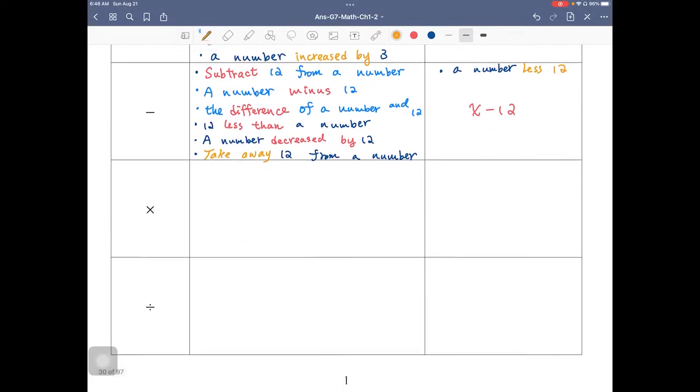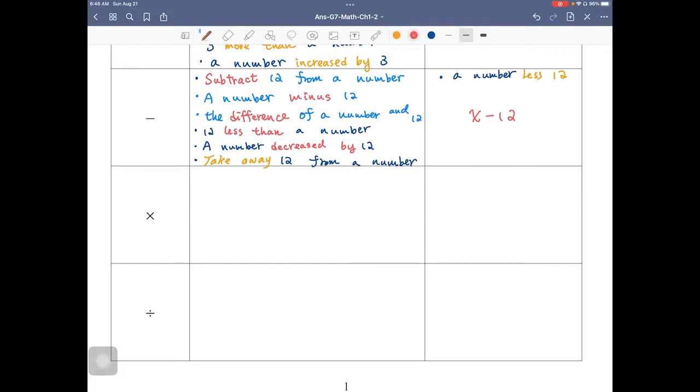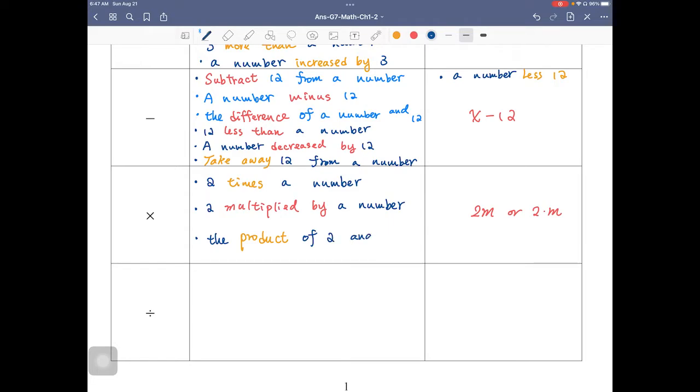So for multiplication, if I want to describe 2n or 2 times n, I can use 2 times a number, or 2 multiplied by a number, or the product of 2 and a number. So how about division?